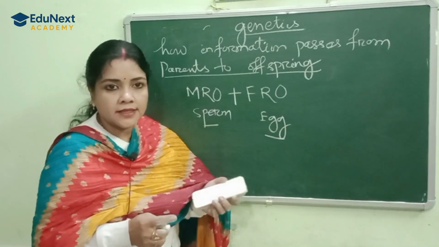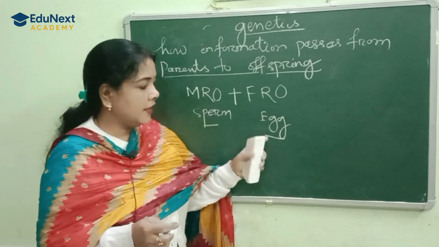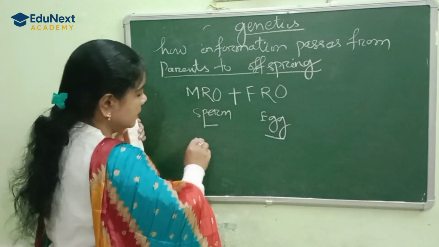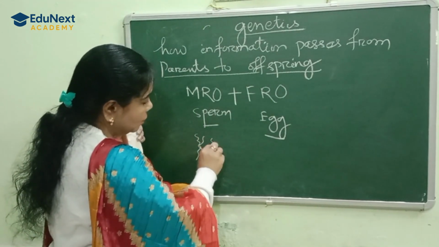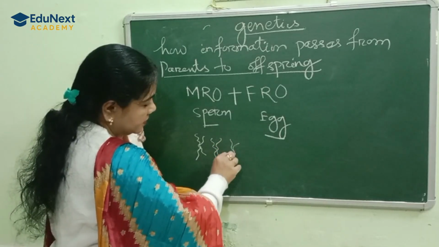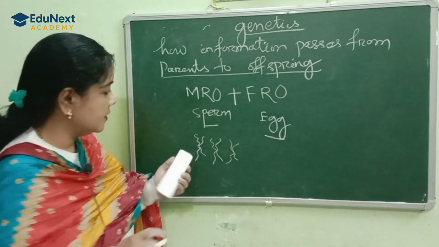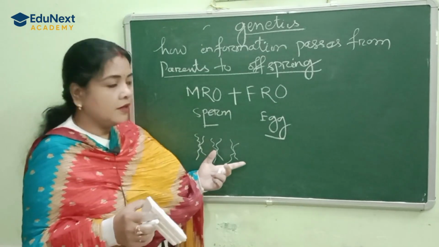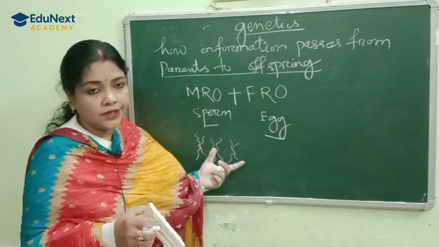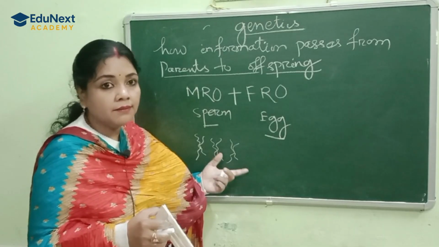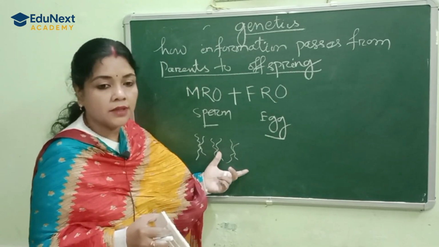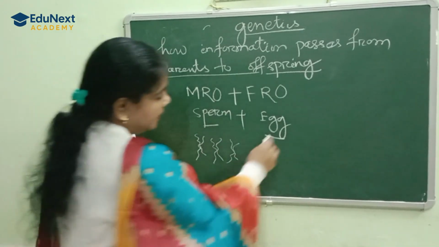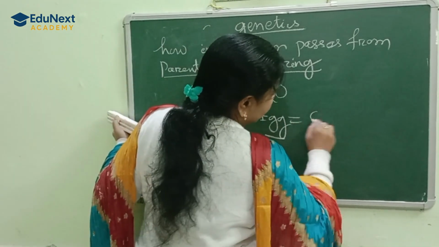They are sperm cells and egg cells. Inside the sperm, chromosomes are present, but these chromosomes are 23 in number, not 46. So whenever they combine, a baby or child is born.